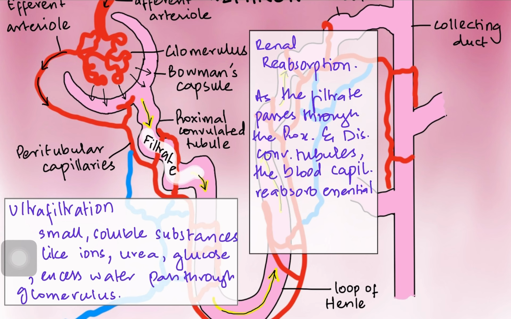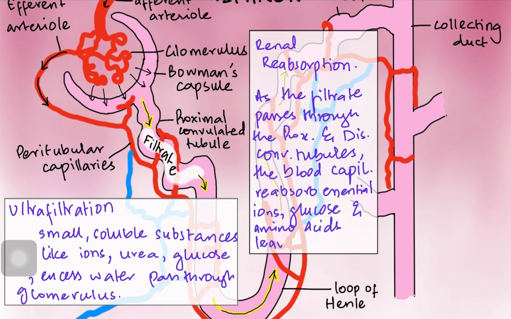And it makes sure that essential substances don't go into the urine. Like ions, like glucose, and like important amino acids, they are reabsorbed into the blood because they were not meant to go into the urine.